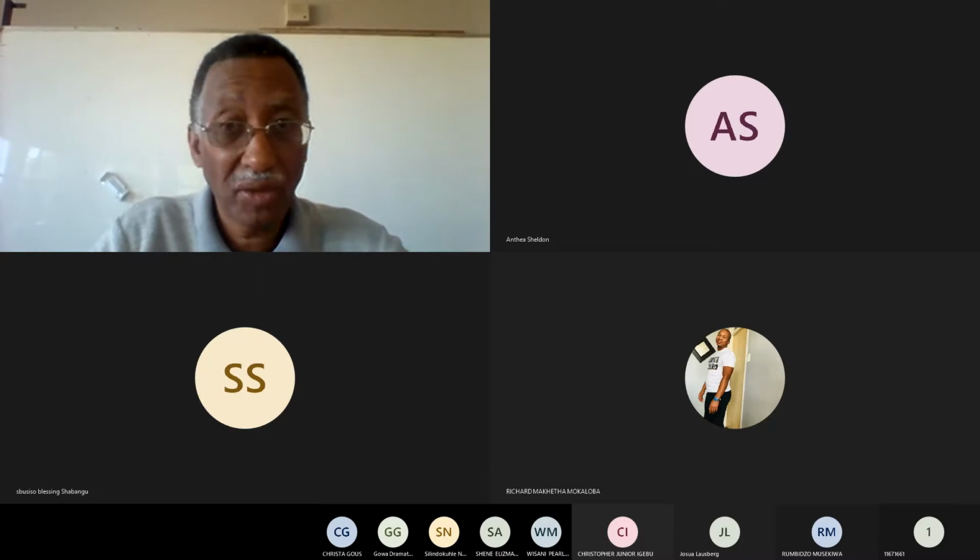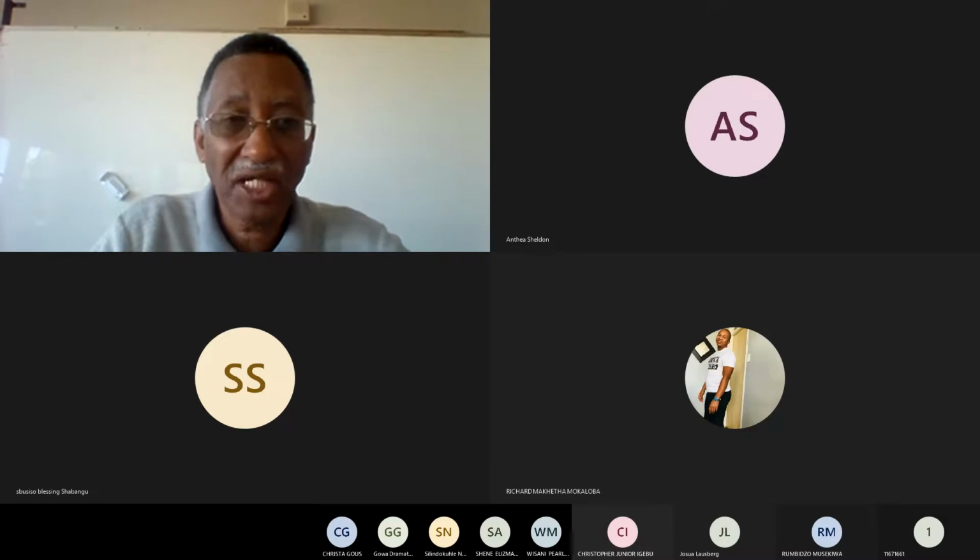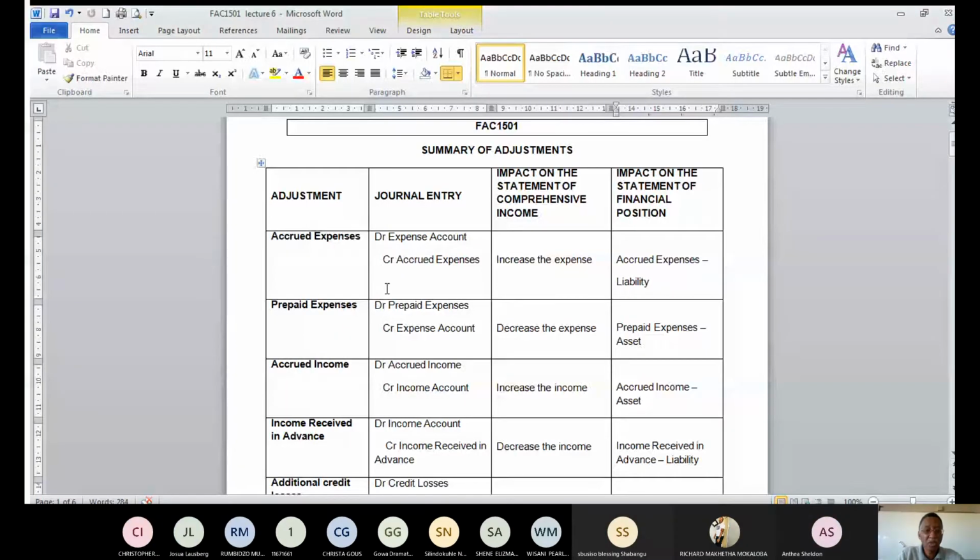Right, we move on to our next adjustment. Back to your notes now. Your next adjustment is the adjustment called prepaid expenses. Prepaid expenses will occur when you paid in the current financial year, but it is an expense of the following financial year, of the next financial year.